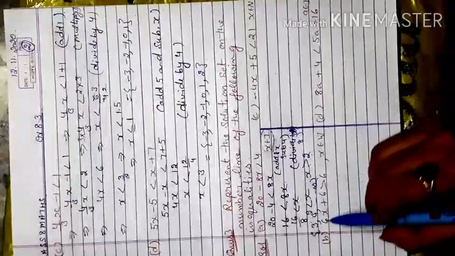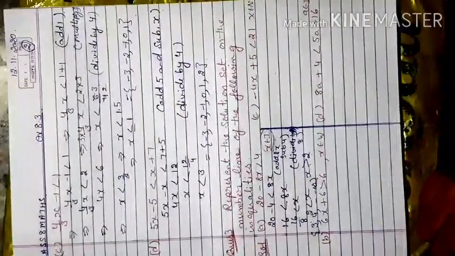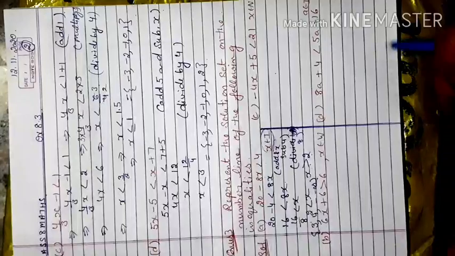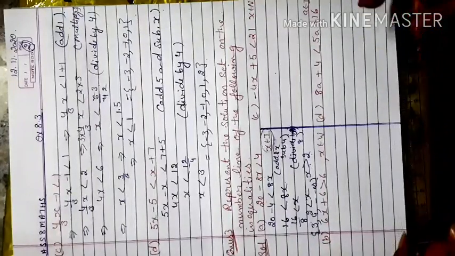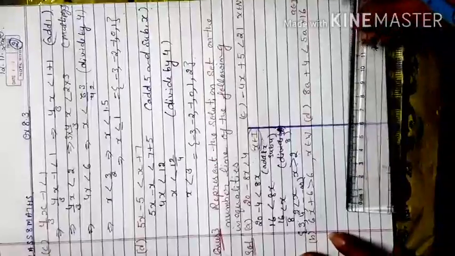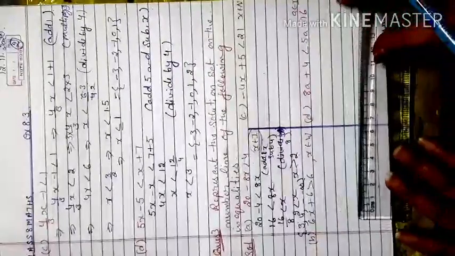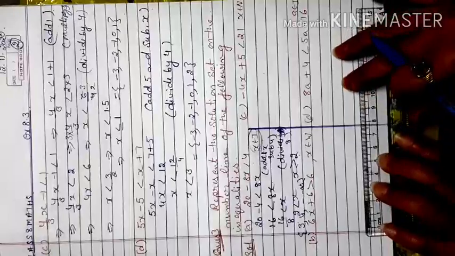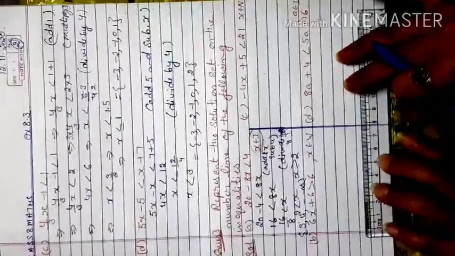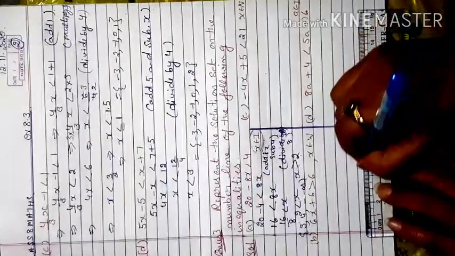When you're going to represent this 3 to infinity on the number line, you have to first draw the line here. I will draw the common line here, so it will be easier for you.